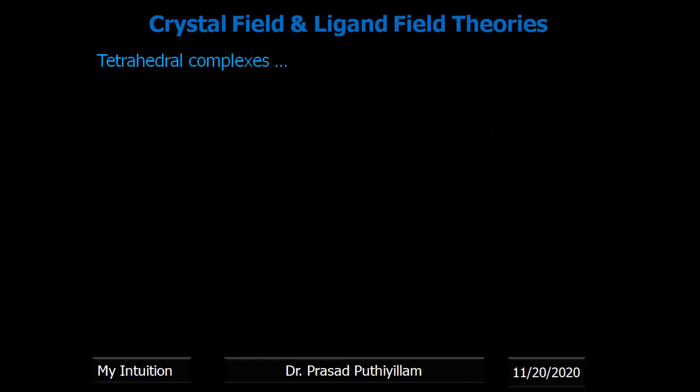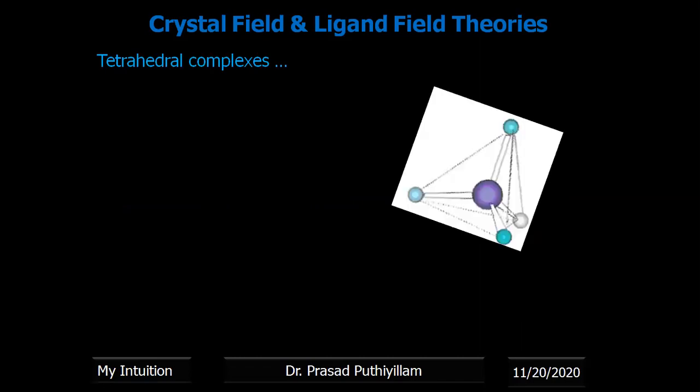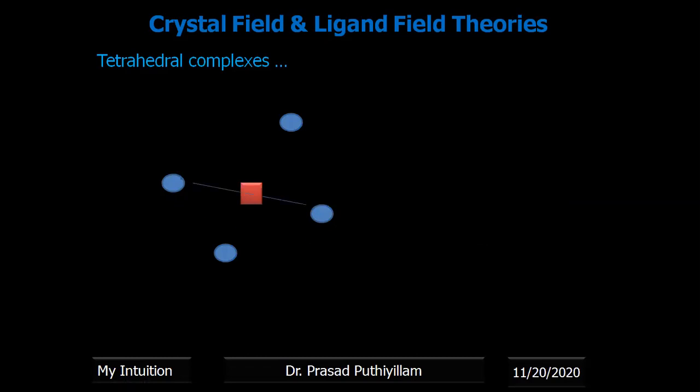So in case of octahedral complexes, we saw both cases, weak field ligand and strong field ligand. Now the tetrahedral complex. We know the shape of a tetrahedron. So the central metal atom, tetrahedron, I'm trying to draw it as such. One here and here. Now if I connect, this is a trigonal shape and we are making it a tetrahedron.